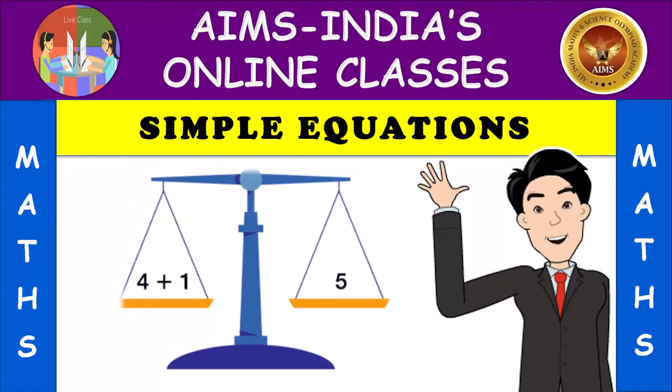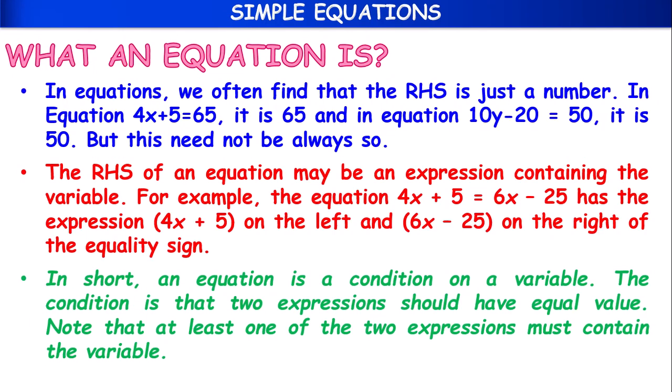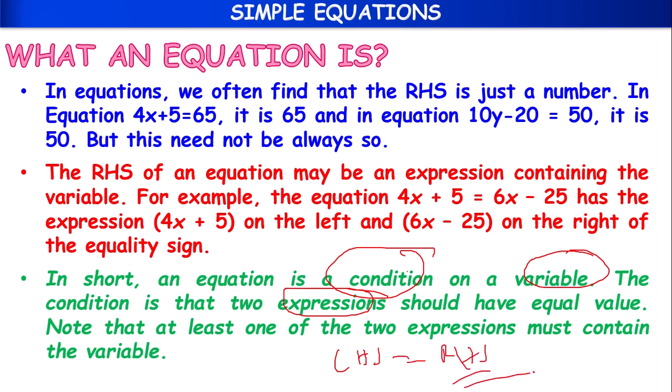Okay, children, what have we learnt? What is an equation that we have learnt? Equation means it's only a condition on a variable. What is the condition? The expression on the left hand side should be equal to the right hand side. That condition is called an equation.